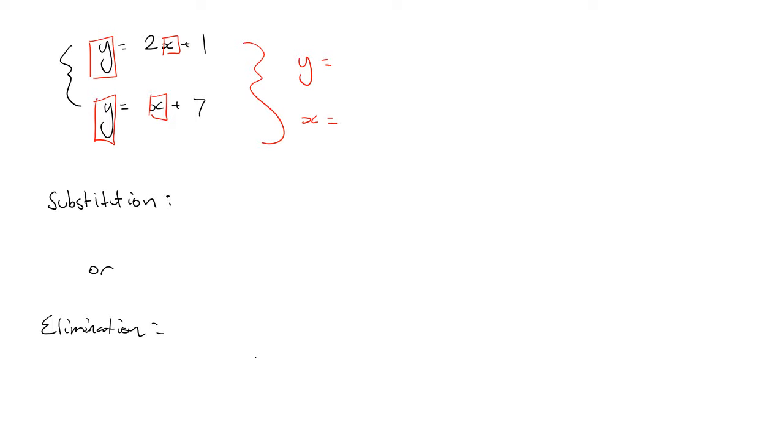Substitution is probably the easiest when you first learn it, so it's probably a lot easier than elimination. But once you get used to elimination, it will become much easier and much more efficient than substitution in most cases.